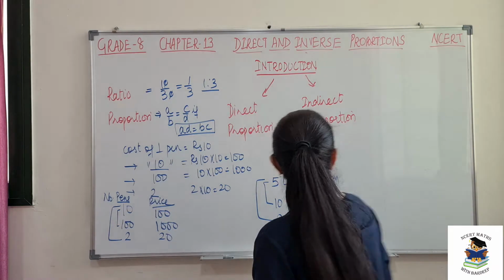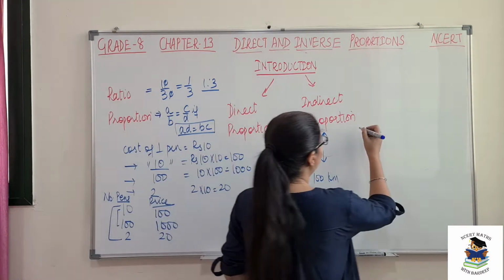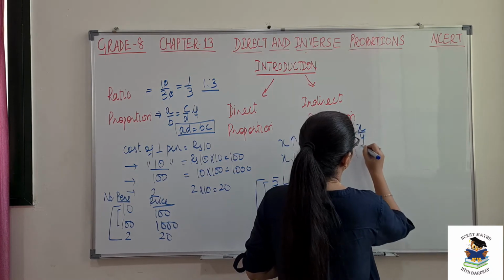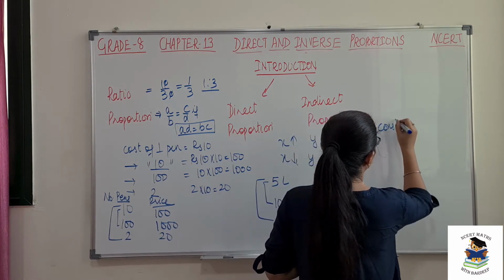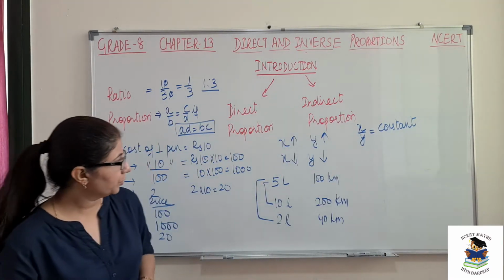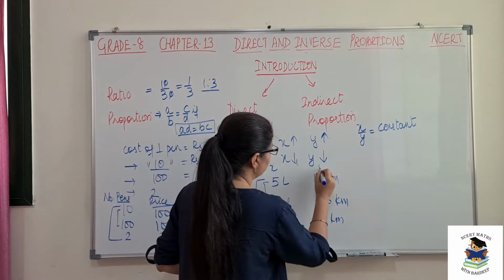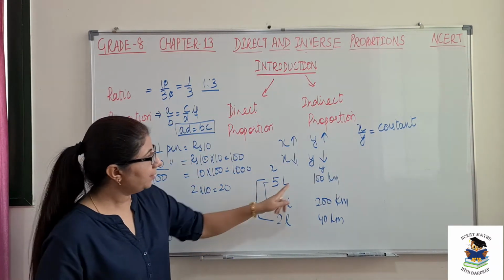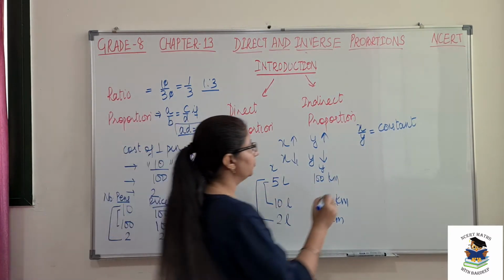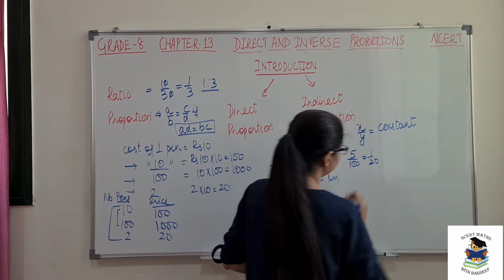So we can see from here, what is constant? That means x over y is always constant for any data to be in direct proportion. So we can check from here. If I take this as x, this as y, 5 over 100 means 1 by 20.